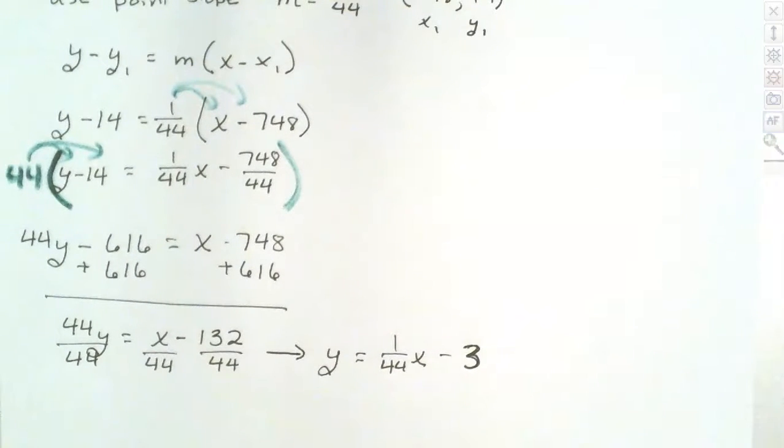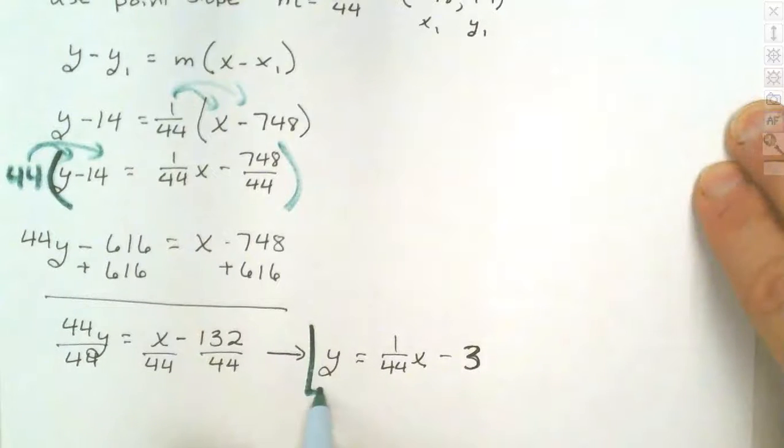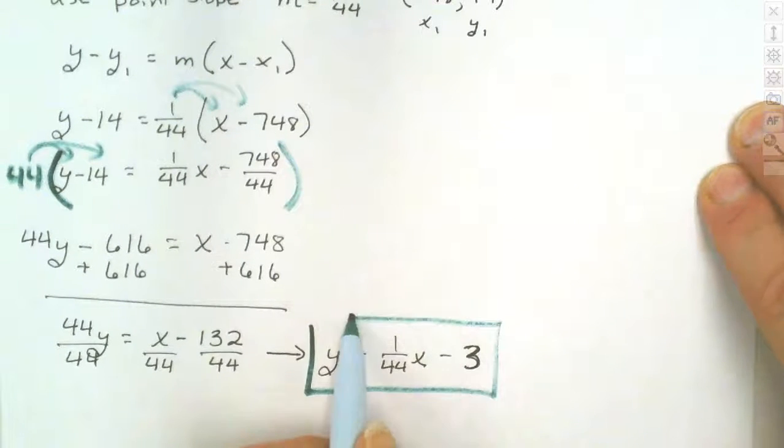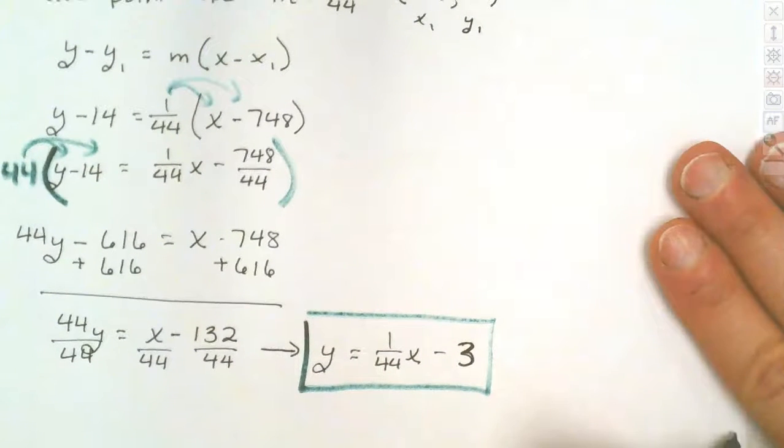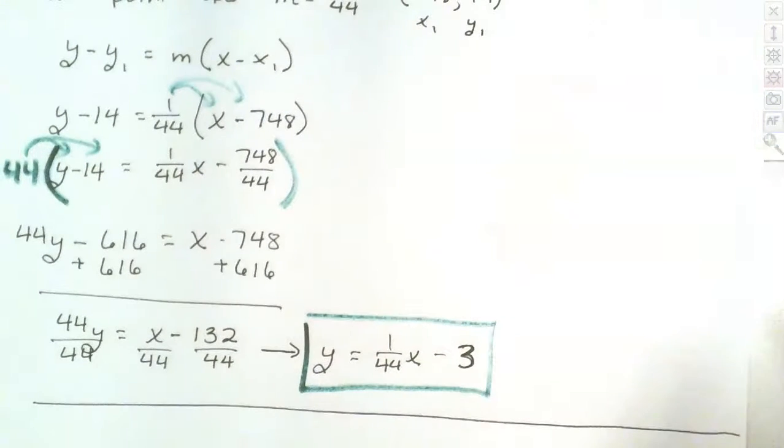So that is our equation in slope-intercept form. Does it make sense how we did that? So just clear out that 44, move things around. And you've probably seen this in previous courses. I know in previous courses we've done these very same problems.